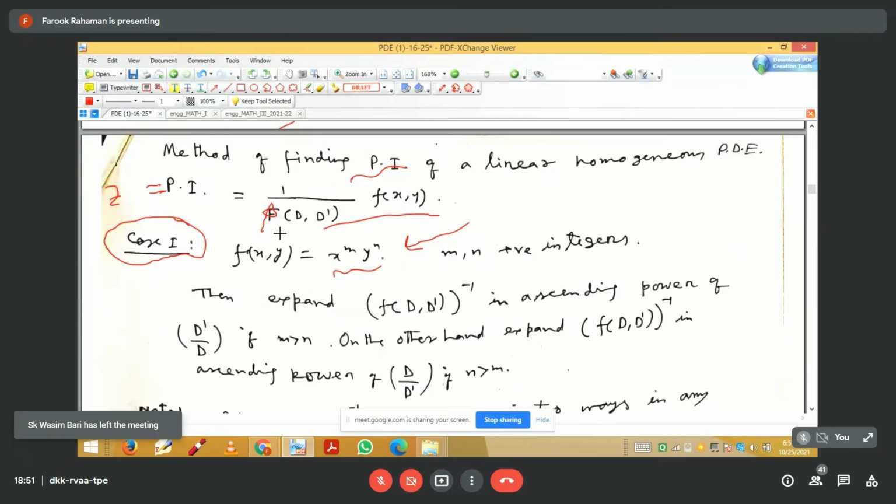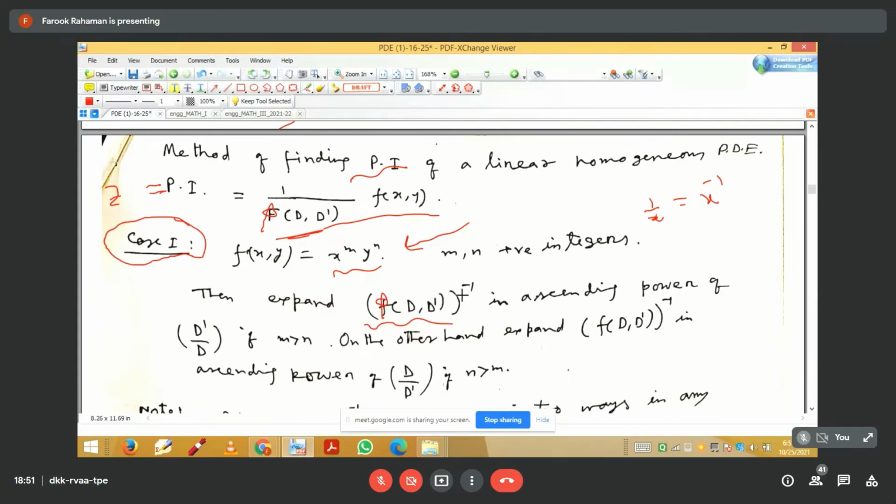This one can easily be written as 1 by phi(d, d dash), which is phi whole to the power minus 1, because 1 by x is nothing but x to the power minus 1.